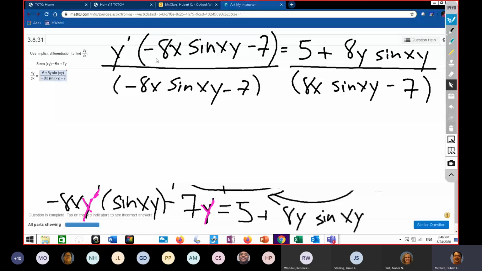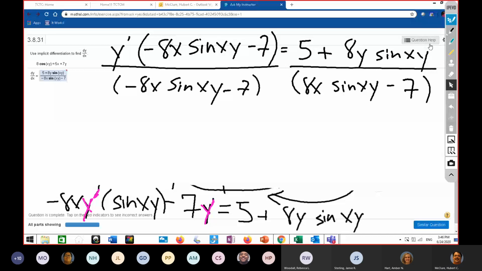It shouldn't be. There, it should be right here, negative. Another good problem. I wish I could take it back to circle the calculus, but you get the point.